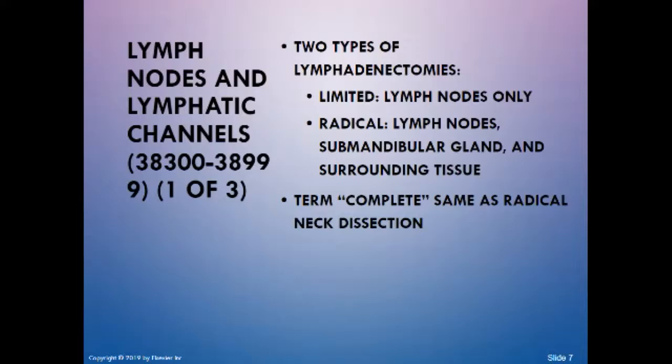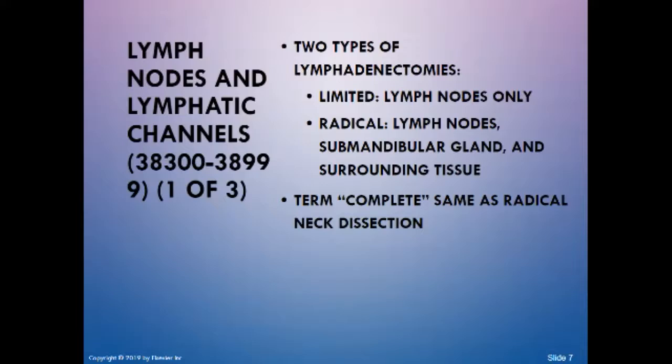The term complete is the same as radical neck dissection. A limited lymphadenectomy reported with codes 38562 through 38564 consists of removal of only the lymph nodes. So let's look at that code range, 38562. It says limited lymphadenectomy for staging.